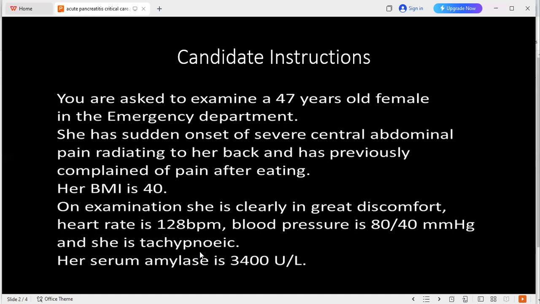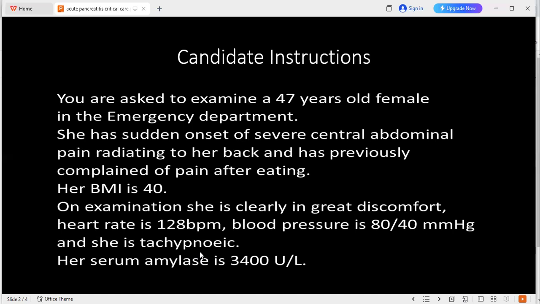Would you or would you not consider giving antibiotics to the patient? I will consider giving the patient antibiotics according to the trust guidelines. How would you manage the pain of the patient?